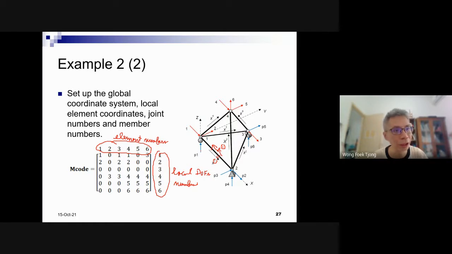The easiest way to calculate the direction cosines is to form a 3D vector. For example, I want to know the direction cosines of this member.